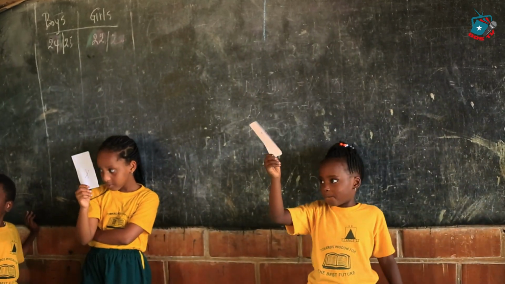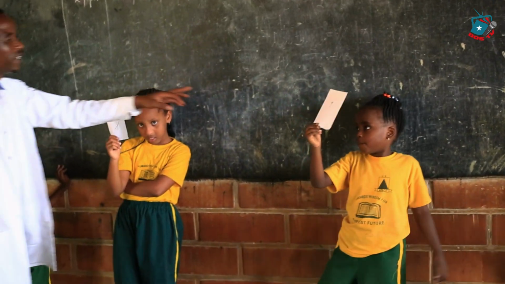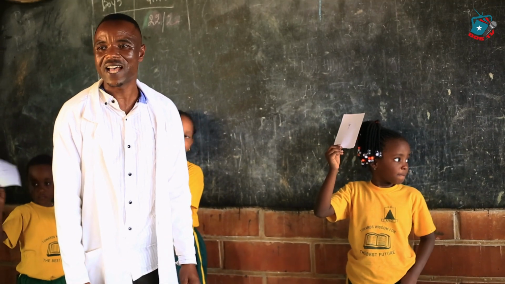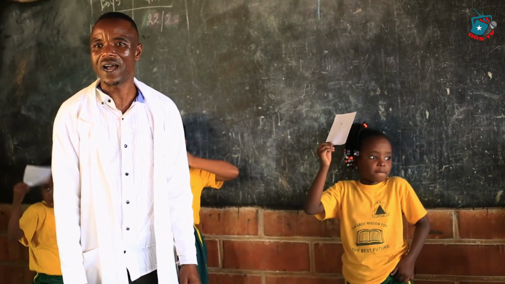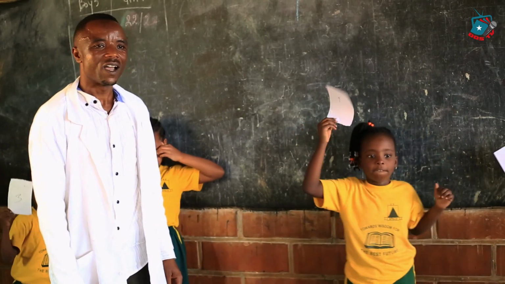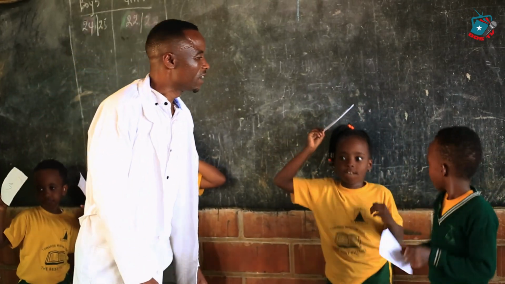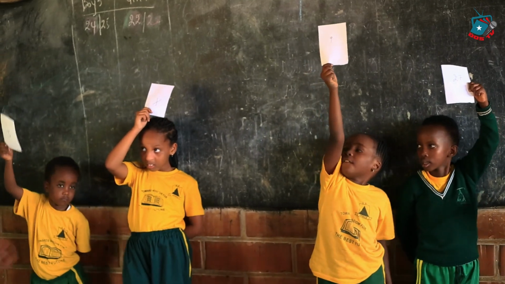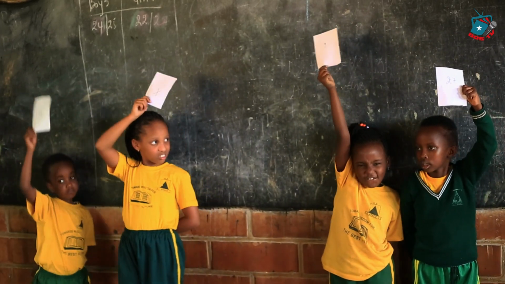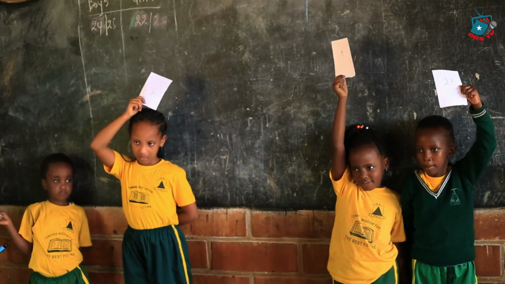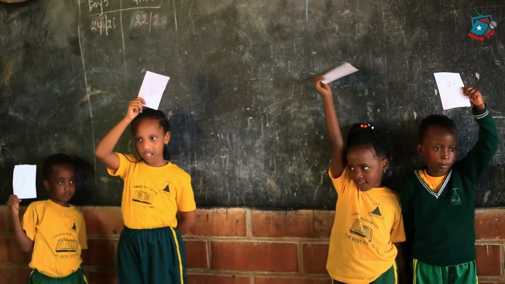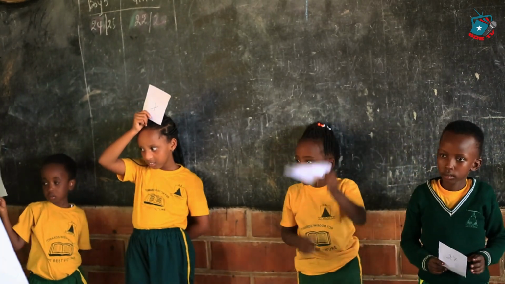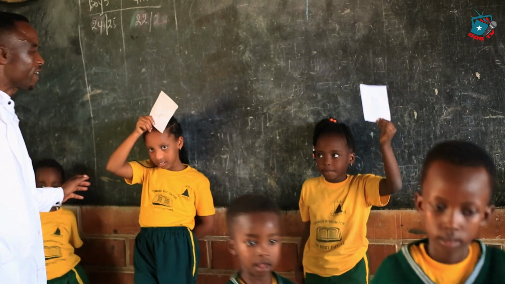Here we have 3 times 9 equals how many? Who has the answer? Emma, come here please and show us the answer. 3 times 9 equals 27. Thank you very much.